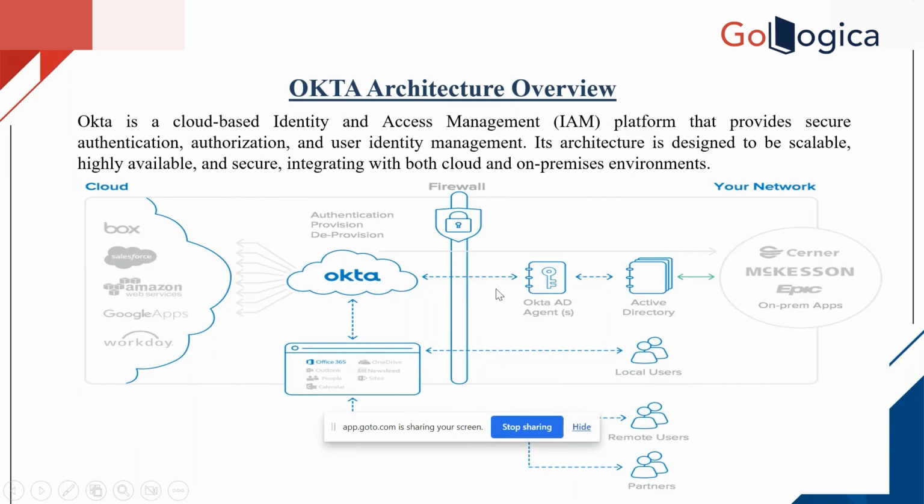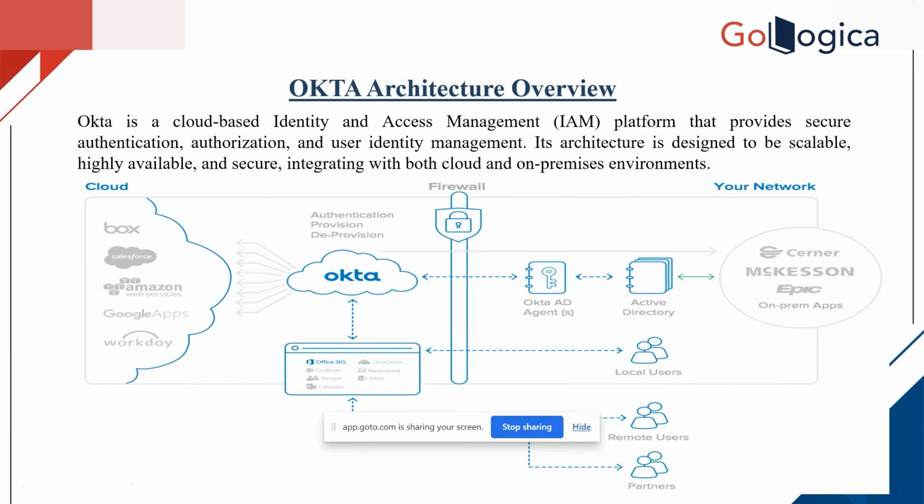Inside that Okta AD agent we have the AD agent services, which play the role of the bridge between our Active Directory and Okta. So whatever we have in our Active Directory gets directly connected with my Okta.